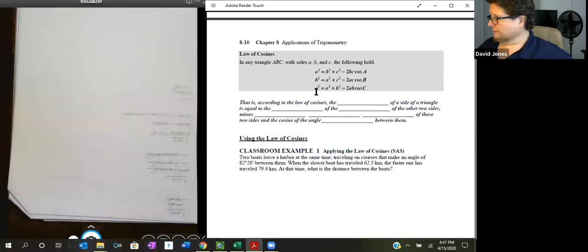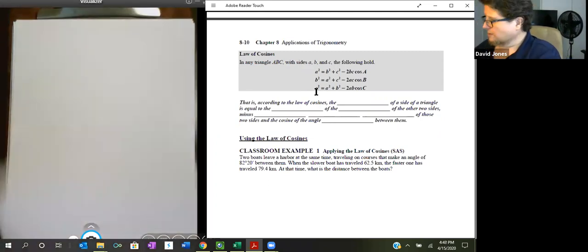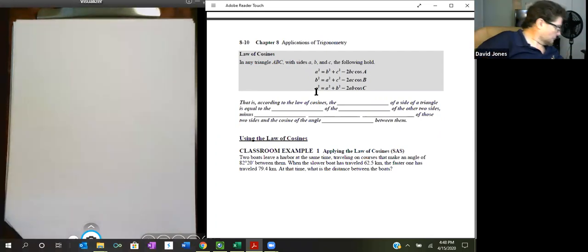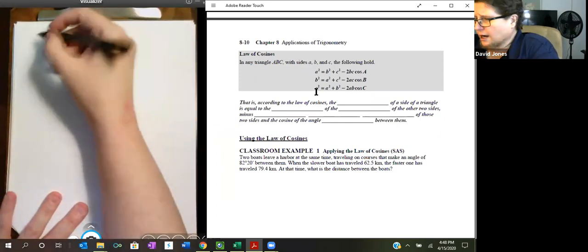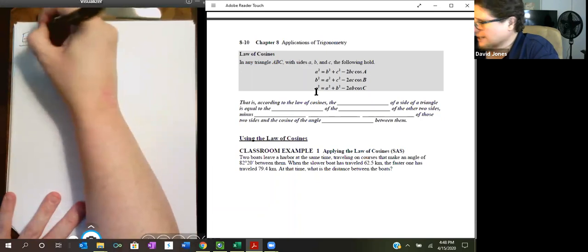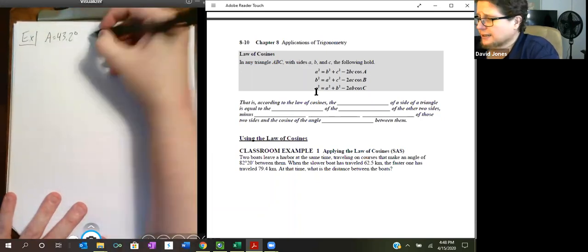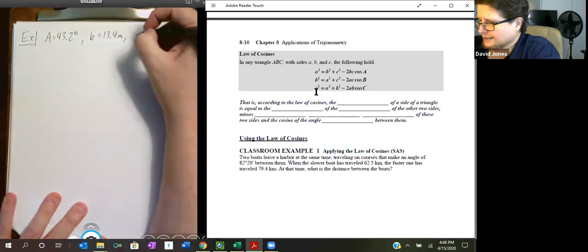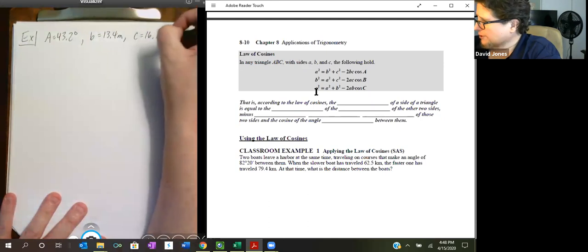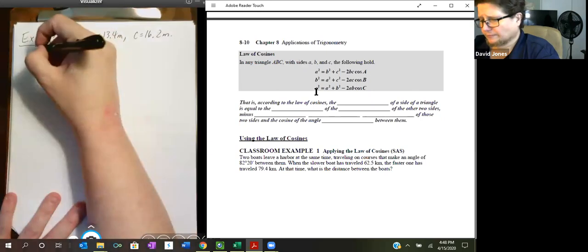Take a look at another one. So an example, you guys give this a try. A equals 43.2 degrees. B equals 13.4 meters. C equals 16.2 meters. Solve the whole triangle.